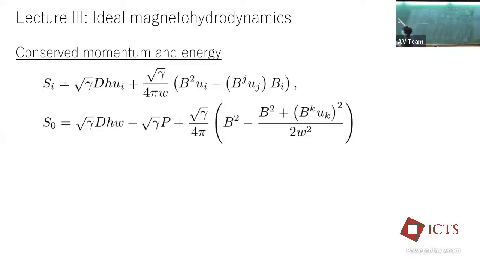I just practice the expression here. Then by using these relations, this S square becomes gamma, like this.